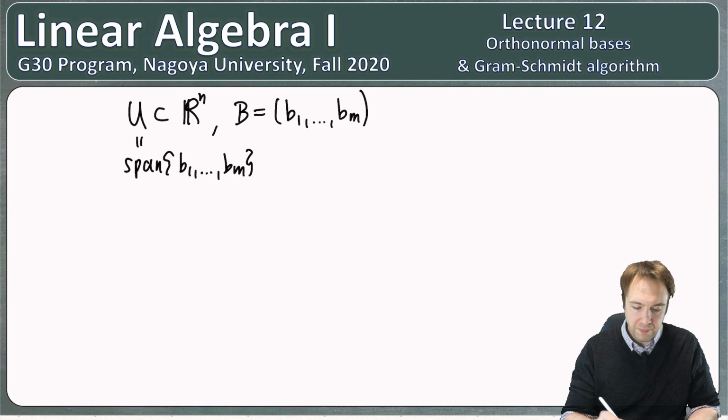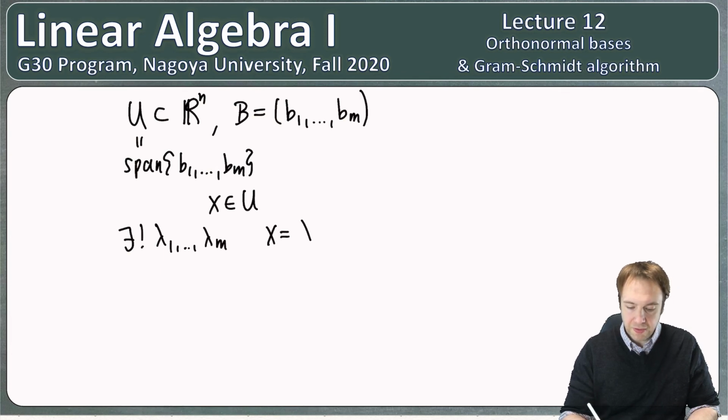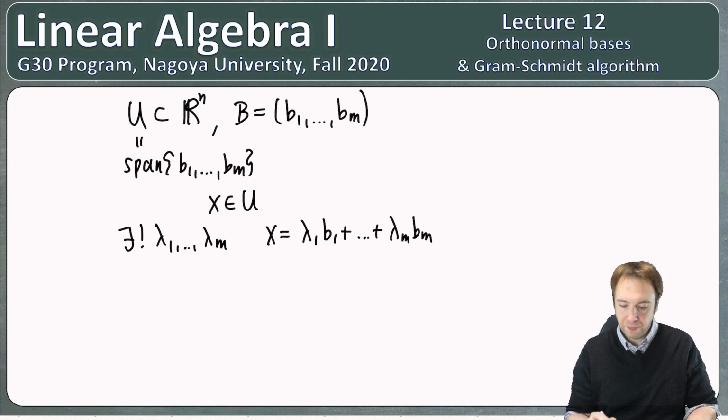So if I have x in U, then I can find unique lambdas, lambda 1 up to lambda m, such that x can be written as lambda 1 times the first basis vector plus lambda m times bm.